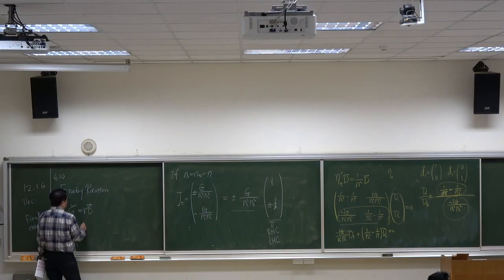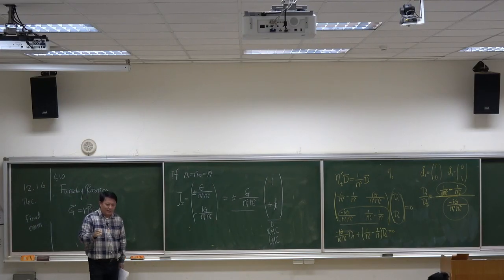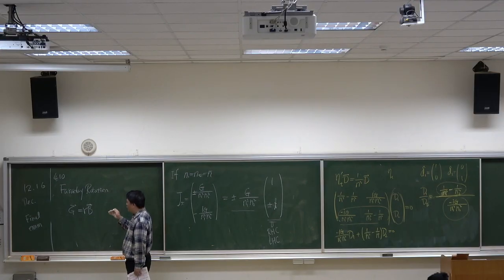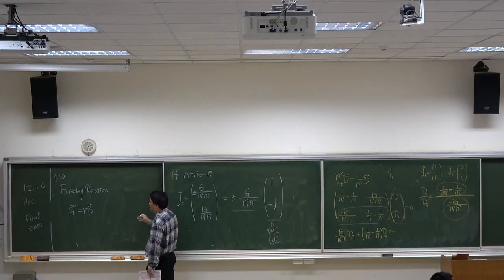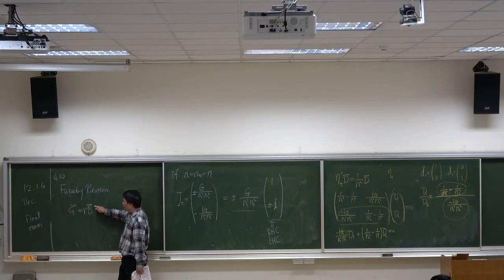That is, the G vector is no longer determined by the k vector, but by the B vector, that is, by the magnetic field.